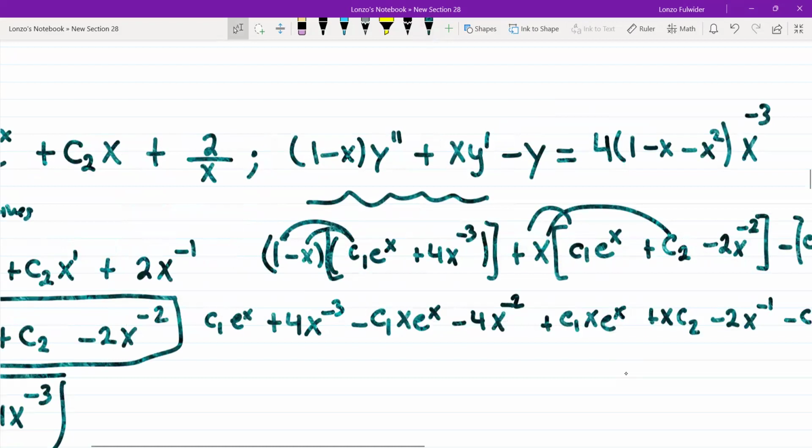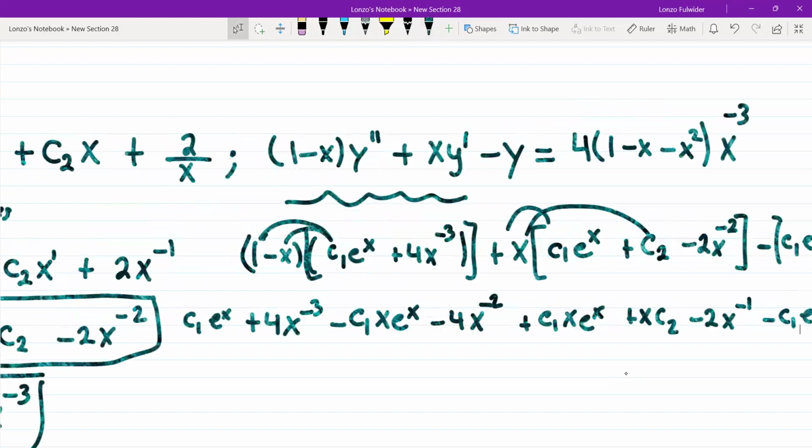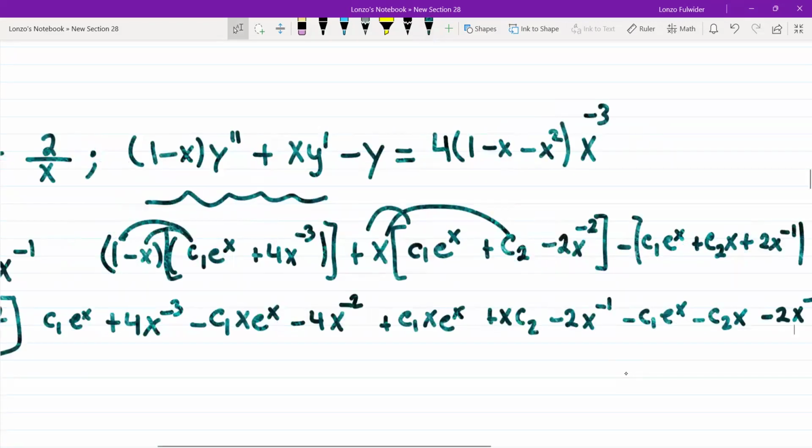And then all you have to do is collect like terms. Cancel as much as you can, and hopefully the left side equals the right. So what do you see that cancels? I see that this c1 e to the x cancels with this negative c1 e to the x, and then this negative c1 x e to the x also cancels with this c1 x e to the x.